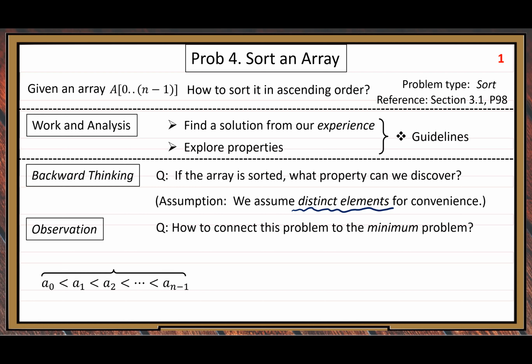What is the minimum in this array? Because it's already in ascending order, the minimum is the first element, right?